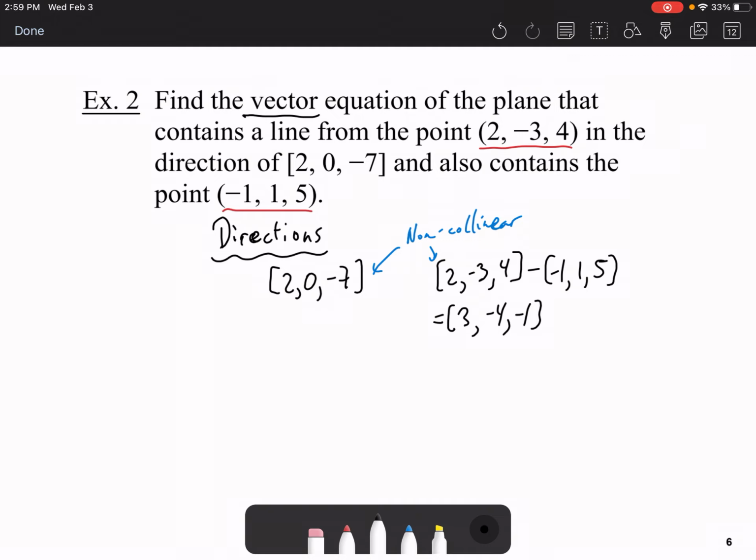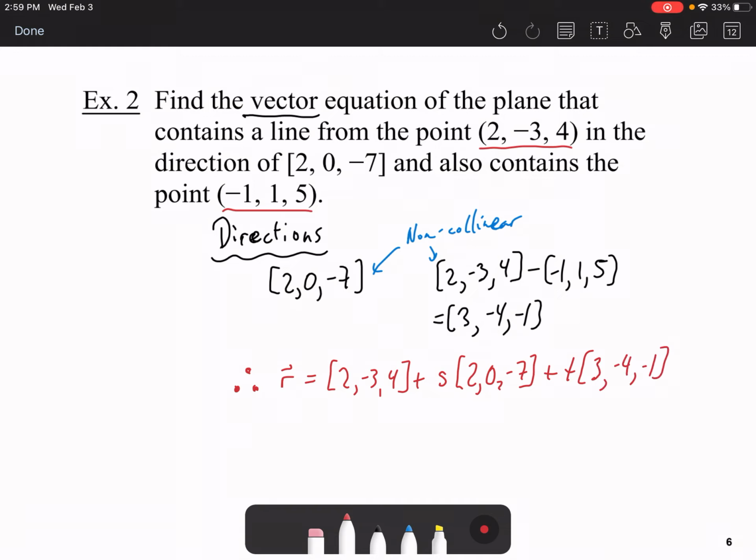So now that I have that information, I can write the equation as a vector equation. I can write r is equal to, pick one of the points as a vector, 2, negative 3, 4, it doesn't matter which one, plus some scalar multiple of one of the directions plus some scalar multiple of the other direction.